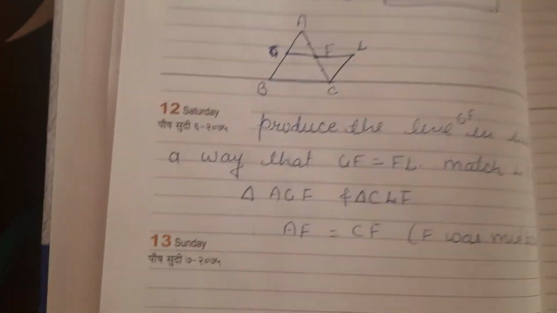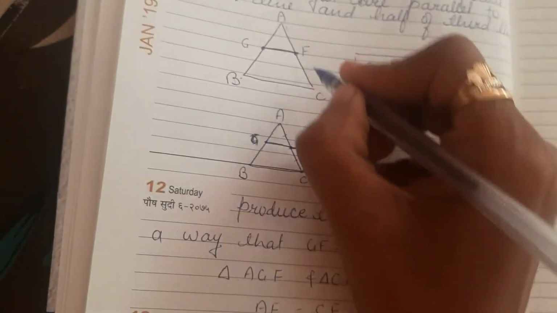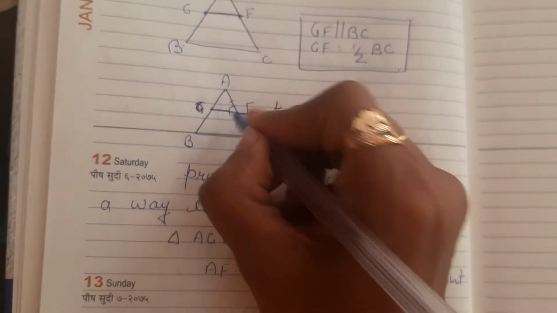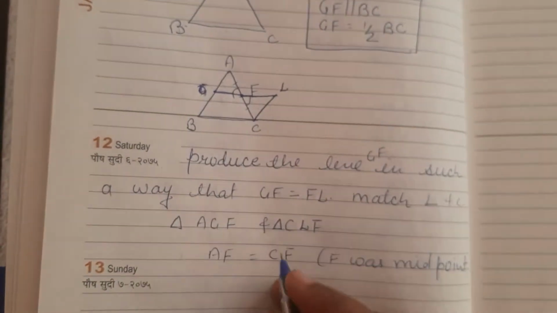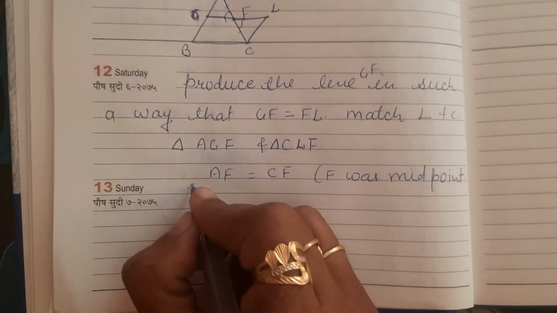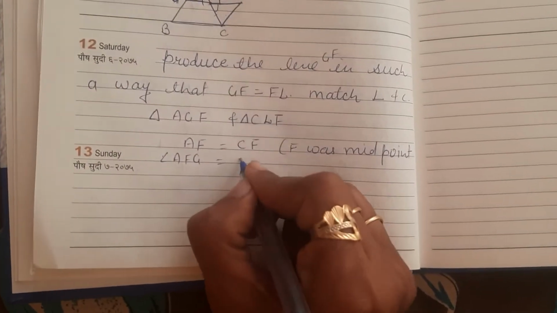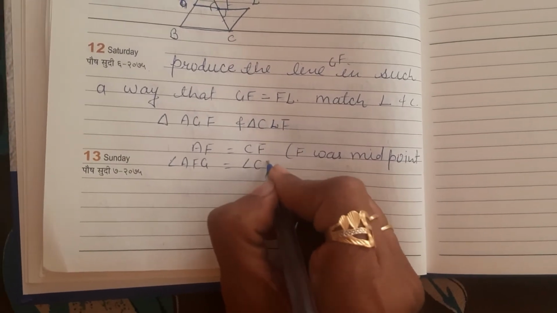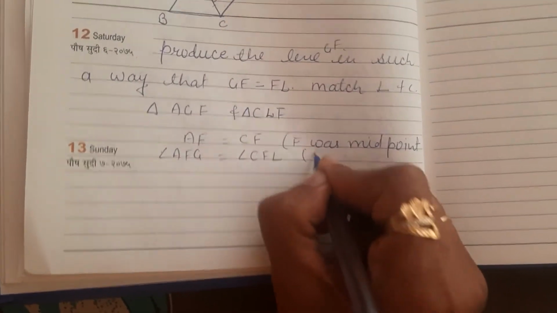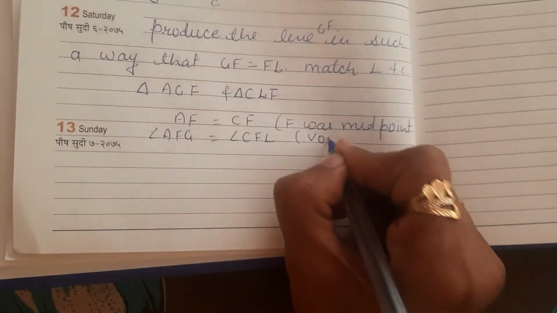Okay. Second thing is these two angles are vertically opposite angles. So angle AFG is equal to angle CFL, vertically opposite angles.